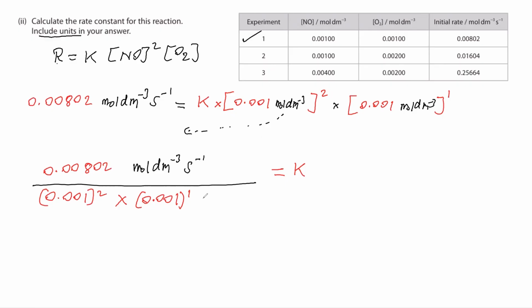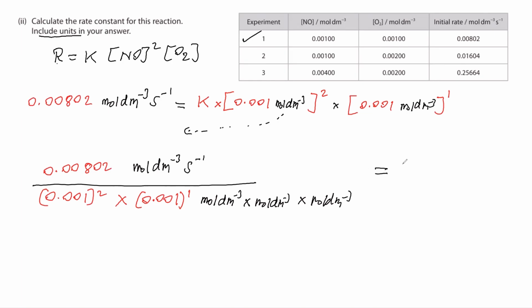Mole per cubic decimeter to the power 2 means mole per cubic decimeter multiplied by another mole per cubic decimeter. And we have another mole per cubic decimeter remaining here.